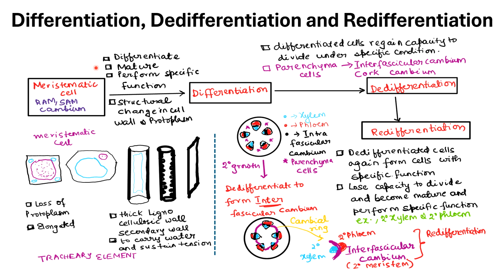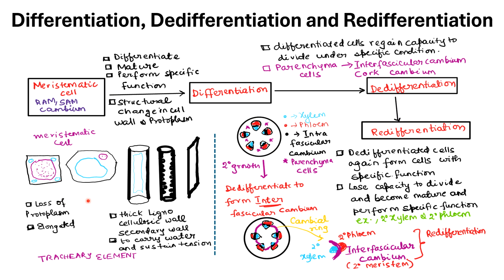But as the plant grows, the meristematic cells mature, they undergo structural change in the cell wall as well as the protoplasm, and they differentiate and perform the specific function. This entire process in which unspecialized meristematic cells become specialized is called differentiation. That is, the cells attain specificity in the stage of differentiation.